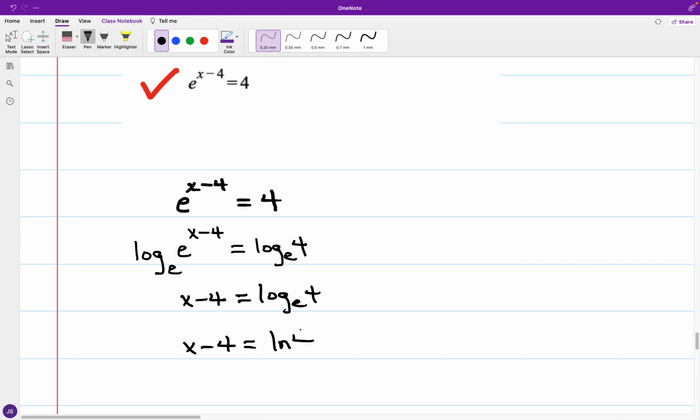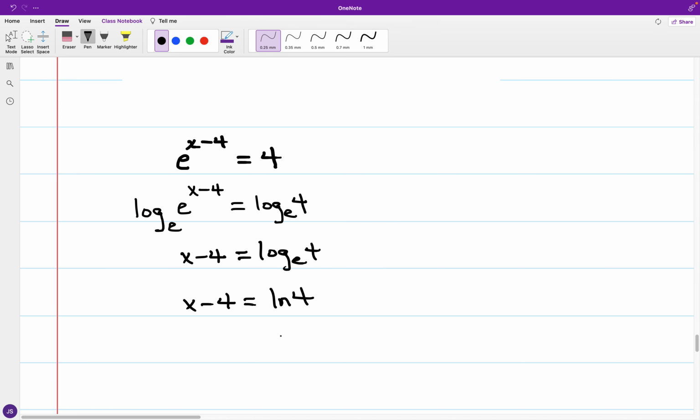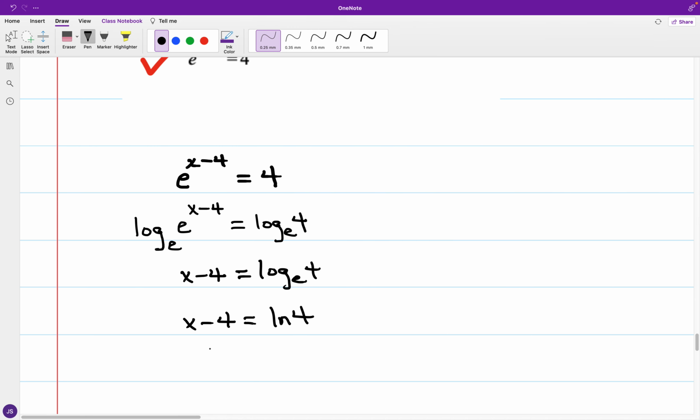Since we already had the natural log encoded, we don't have to use any change of base formula. So in this case, you have x minus 4 is equal to the natural logarithm of 4. And among the first digits, you have 1.38629.